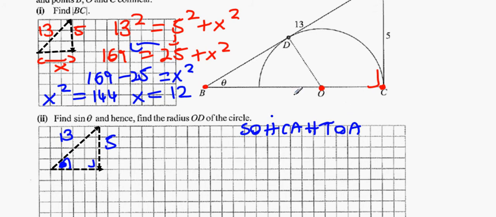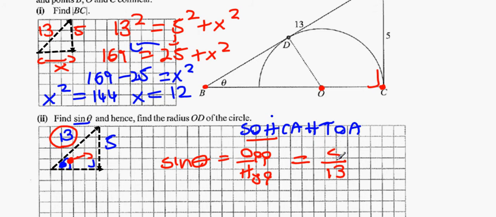We're looking for sine, so we're looking for O divided by H. So sine theta equals opposite divided by hypotenuse. The hypotenuse is the longest side of the triangle, which is 13. The opposite is the side that's opposite the angle, which is the number 5. So sine theta is 5 over 13.